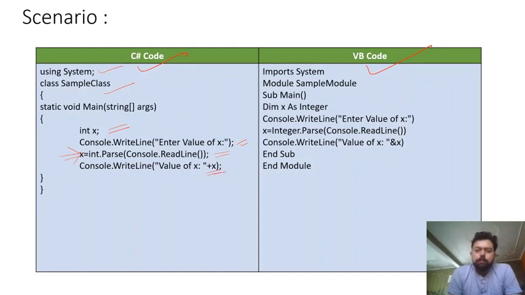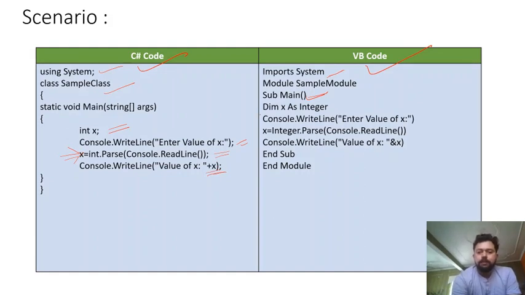Now the same thing we are doing in VB as the programming language. In VB we have imported the namespace, Imports System, and created a module, SampleModule, and this is the Main method. Here we are defining the variable x.